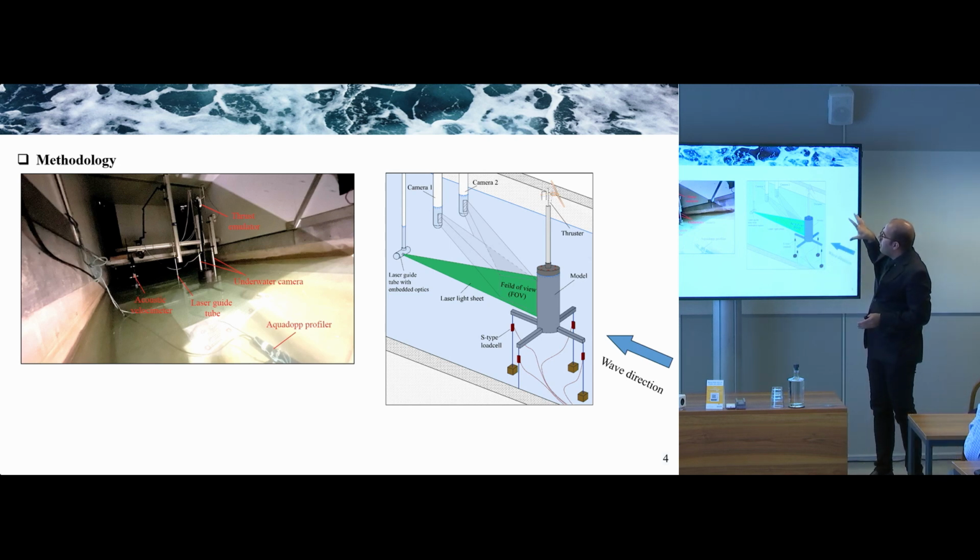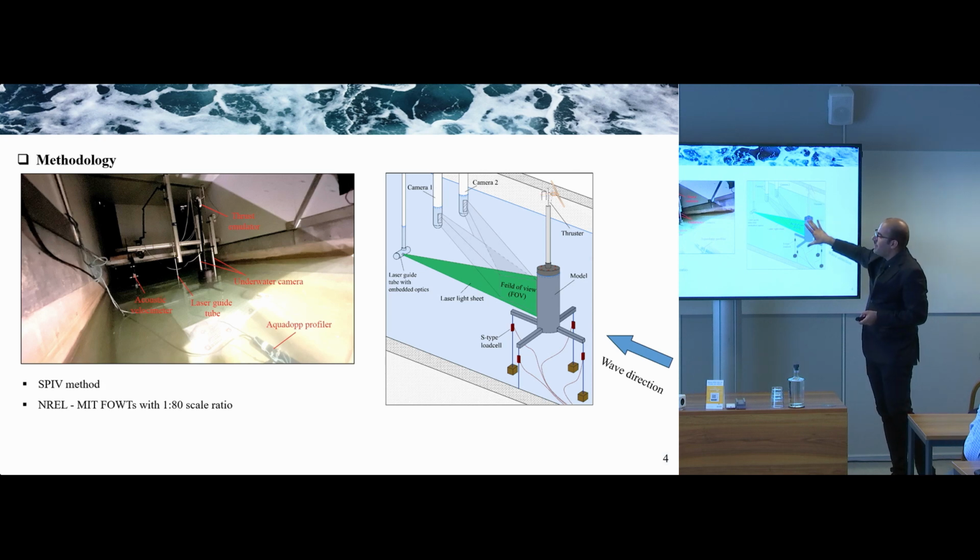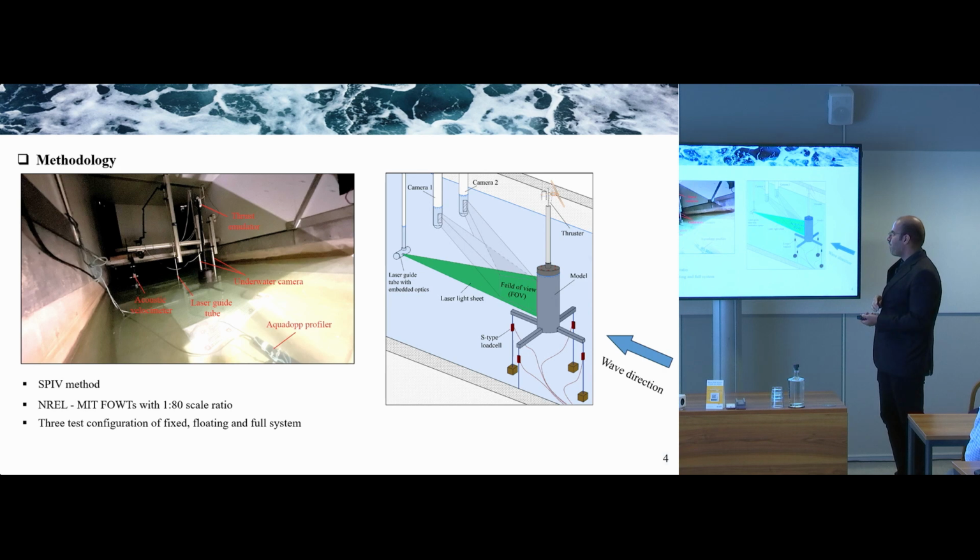We have some hollow glass particles for tracing the flow, and the system works at 20 hertz. The method is SPIV. The platform is the NREL MIT platform at a 1:8 scale ratio, and we consider three test configurations.